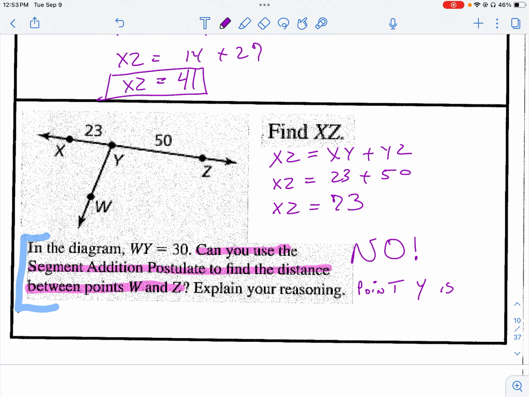Point Y is not, we'll highlight that, between W and Z. My red line is WZ. Y is not between the two.